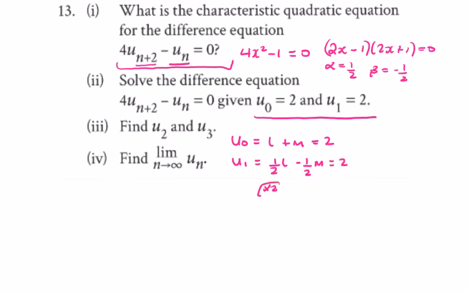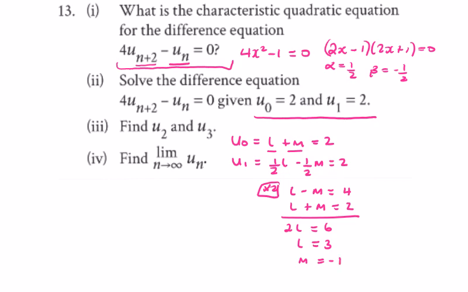Multiplying by 2, I'll get L minus m is equal to 4, and then up above we have L plus m is equal to 2. So 2L is equal to 6, L is equal to 3, and if L is 3, m is minus 1.